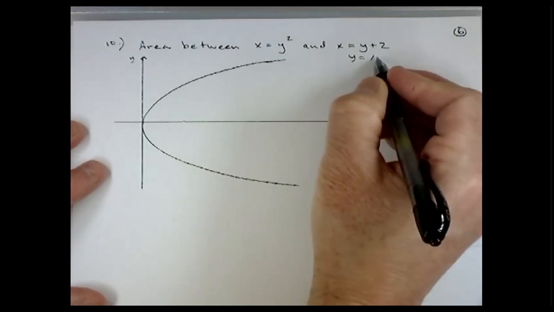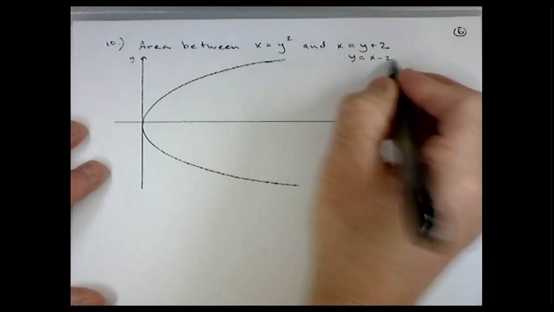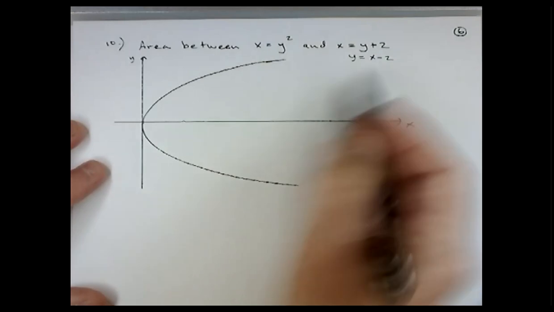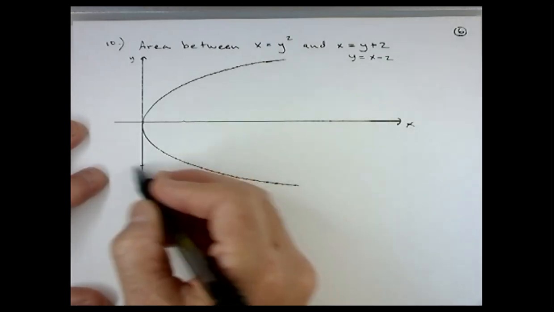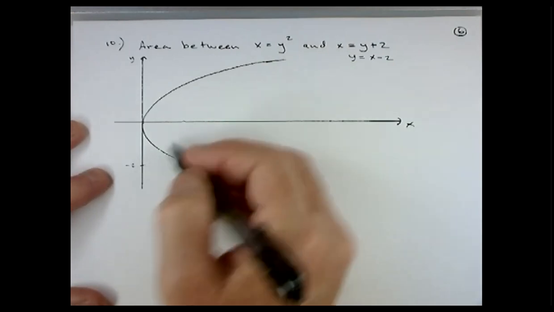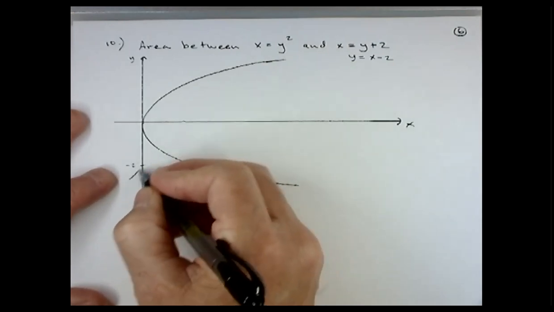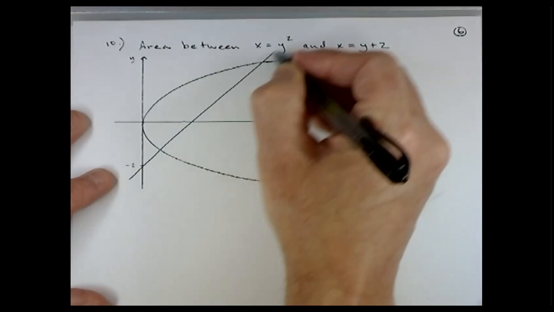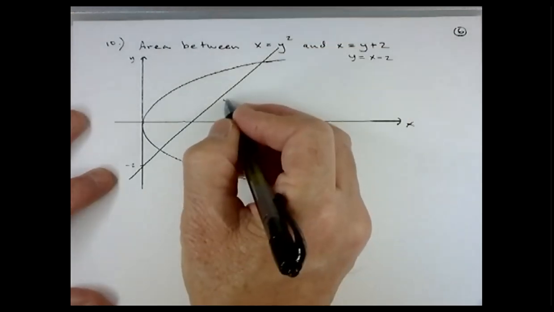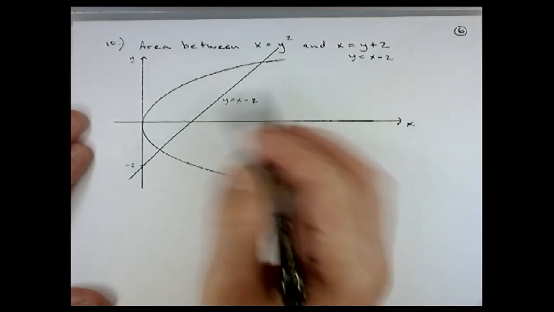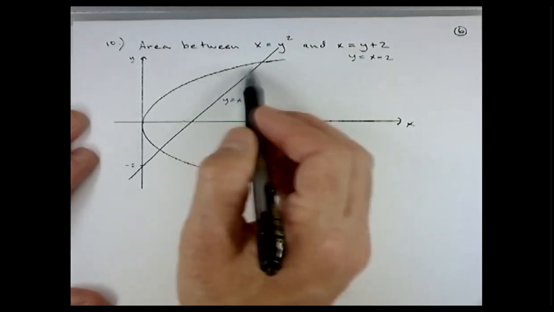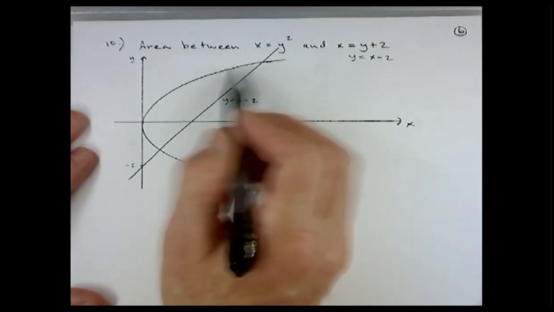That would be the same thing as y equals x minus 2, which would be a line with a y-intercept of -2 and a slope of 1. So I'm going to guess it's going to look something like this. So there's definitely some area.